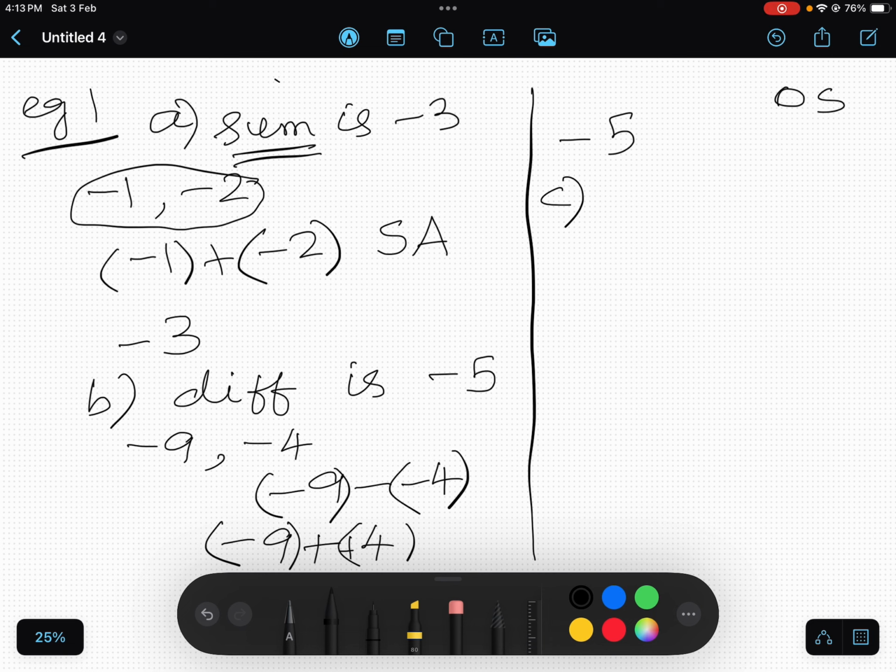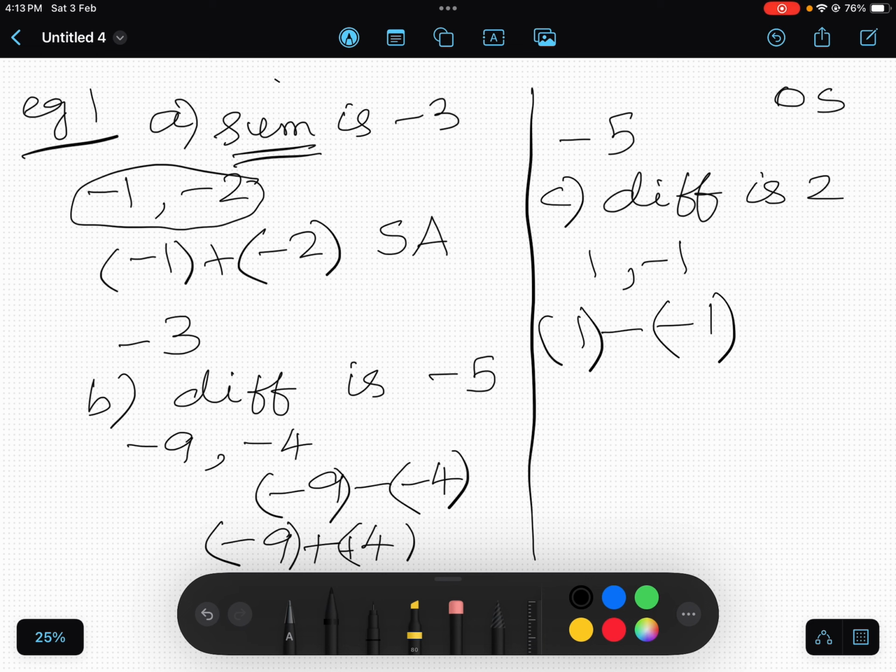Now what about the C part? It is given difference is 2. So I have taken the integers as 1 and minus 1. Let us check it. So 1 difference, so minus in the middle, then minus 1. Use brackets like this. Now I told you there should be a plus sign in the center. So minus into minus is plus.